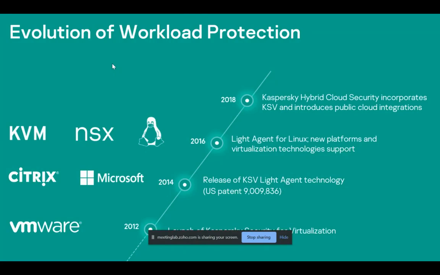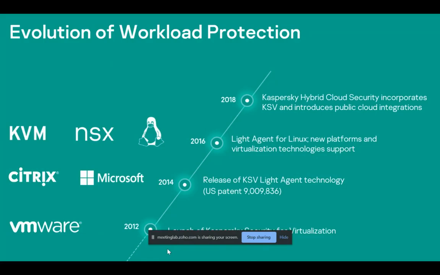Now, we'll see the evolution of this particular product. Back in 2012, Kaspersky launched Kaspersky Security for Virtualization. In 2014, they released the Light Agent technology, which is their patented technology, so no one else has this particular technology.